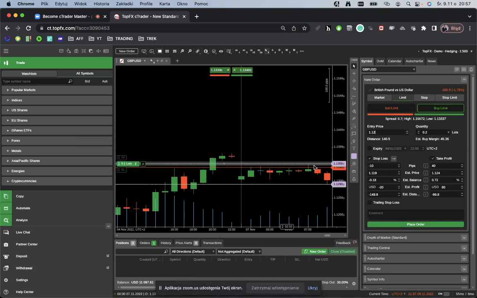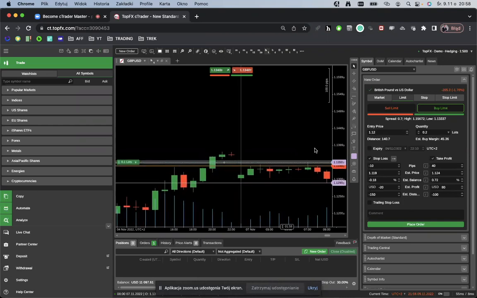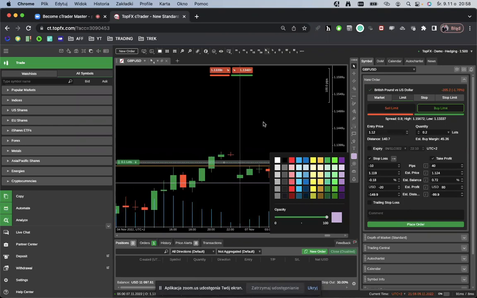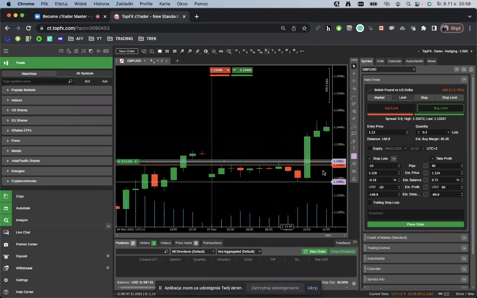The current price right now is 1.1340, and the buy limit is the order that you use to buy the dips. So buy limit is not used to buy the breakouts.